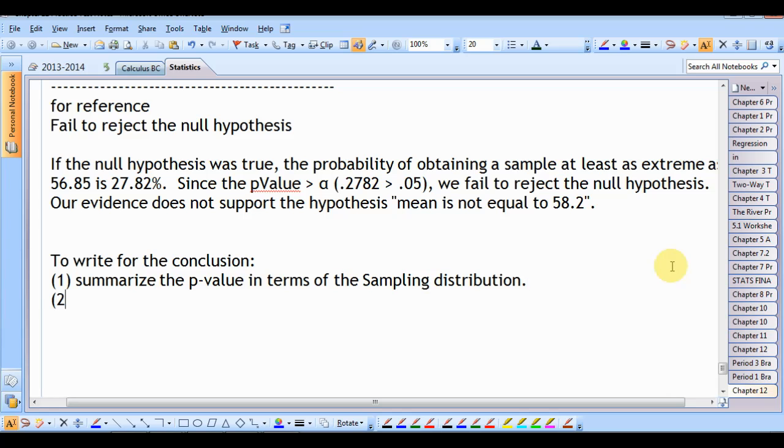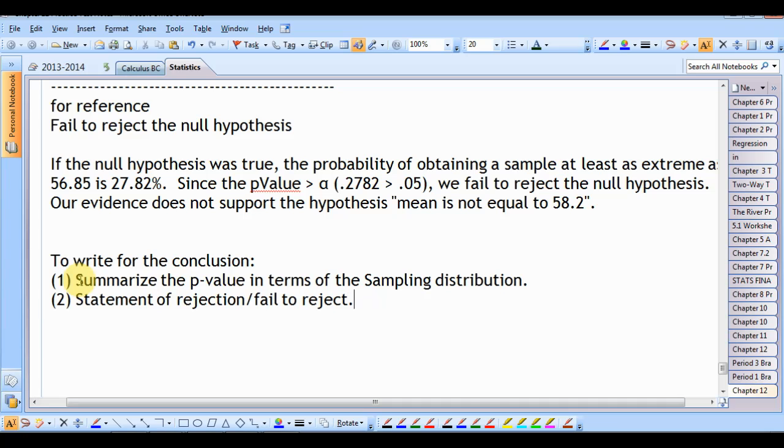Number two, state the statement of rejection, fail to reject, linked to the alpha level.